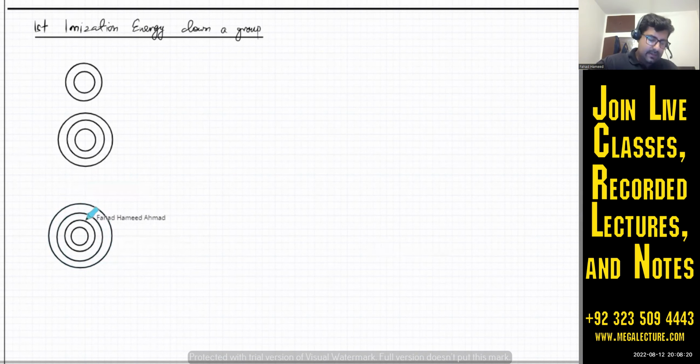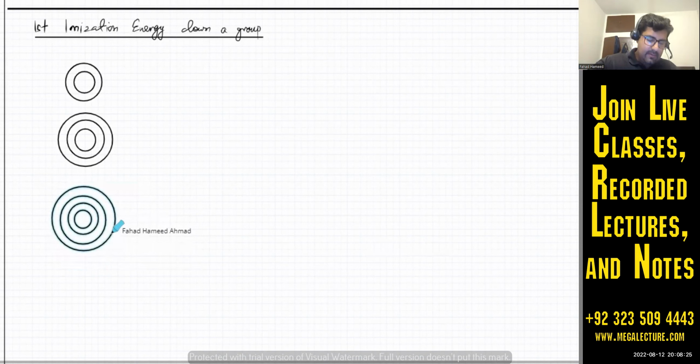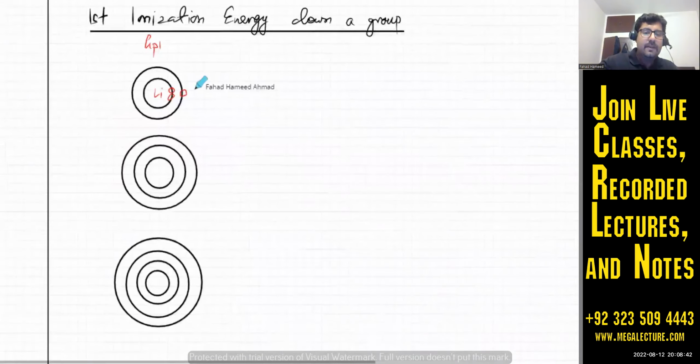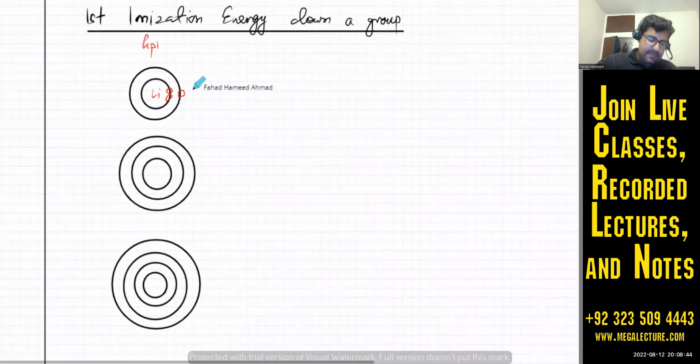That is what is going on, and remember, we are only trying to remove the first electron. Let me label this. This is group 1. This is lithium with 3 electrons, so 2 and 1. Then you have sodium, which has 11 electrons, so it's 2, 8, and there's 1 electron in the outer shell.